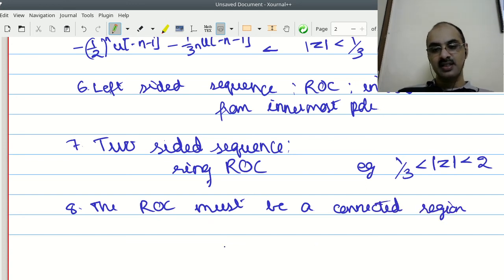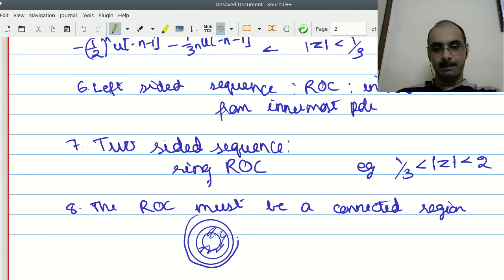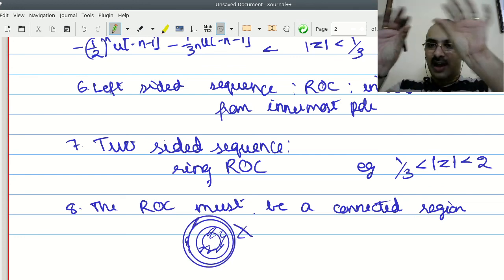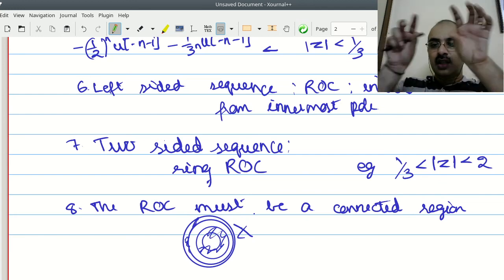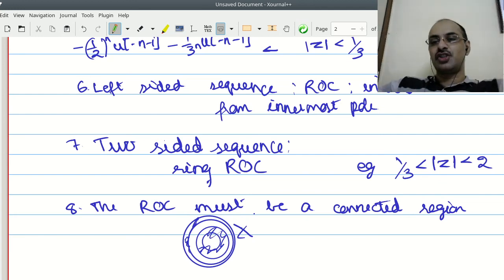What do we mean by this? We can't have some little tiny shape here and another shape here, and another shape, let's say here. You can't have this. There's actually one connected piece, meaning the ROC cannot be in patches which are disjoint. ROC has to be connected.